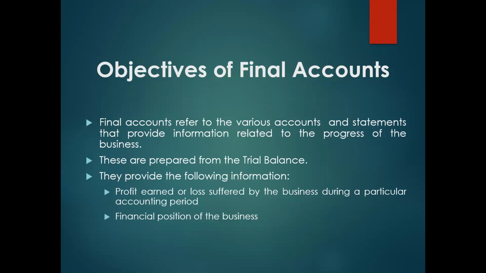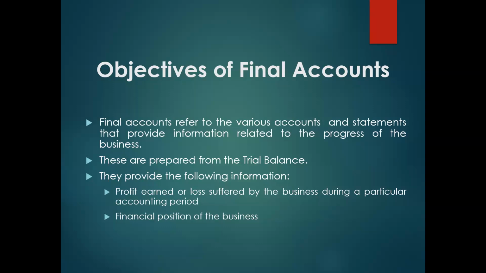That information can be made available even by preparing the trial balance, but the trial balance doesn't provide a clear idea of what are all the losses made by the company, or what are all the profits made by the company.